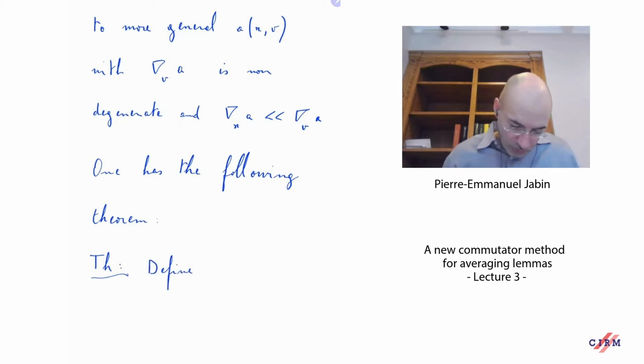So I'm going to define the smallness parameter that will characterize everything. And here it's typically something that you get in Fourier.